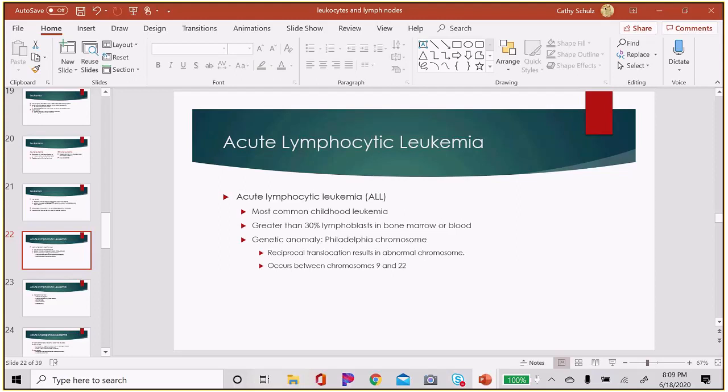Acute lymphocytic leukemia is an acute rapid onset proliferation of immature lymphoid cells, and is generally associated with this type of chromosomal abnormality. This is a very common childhood leukemia.